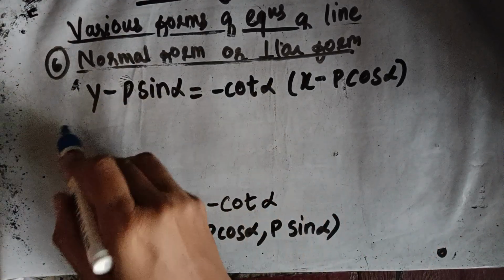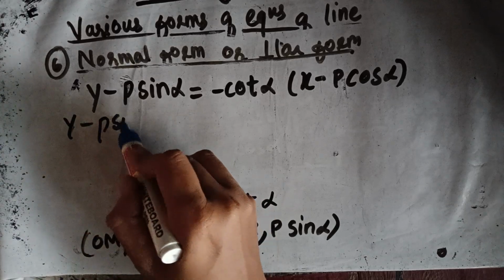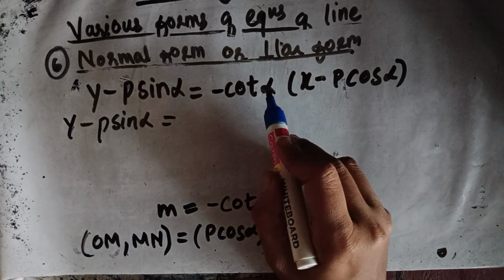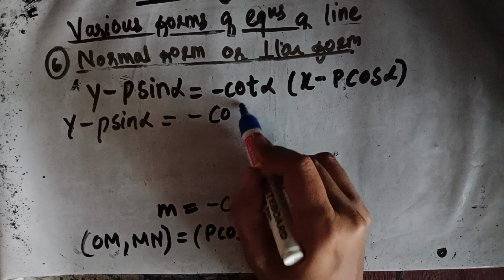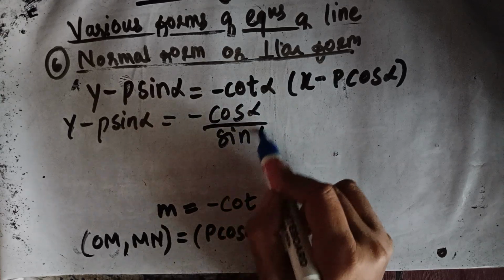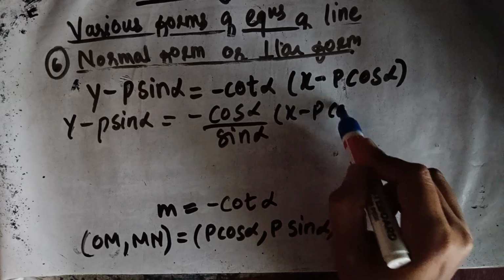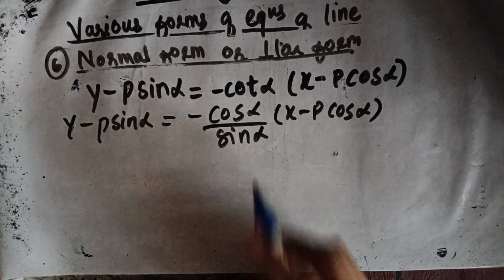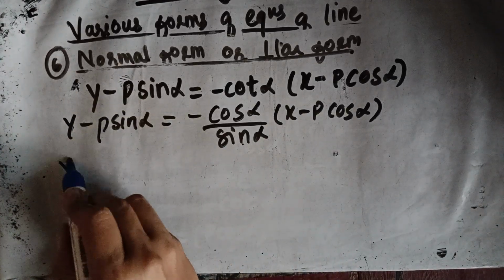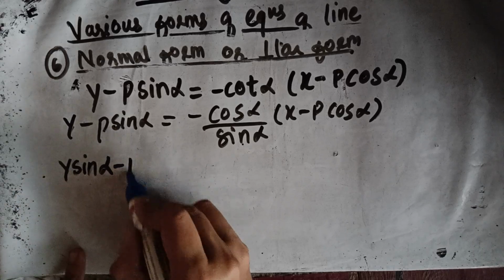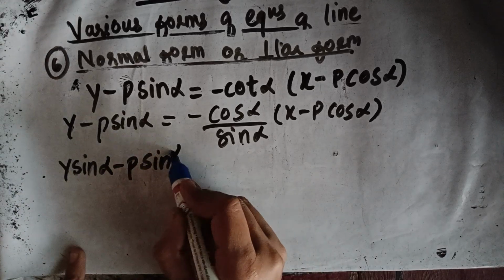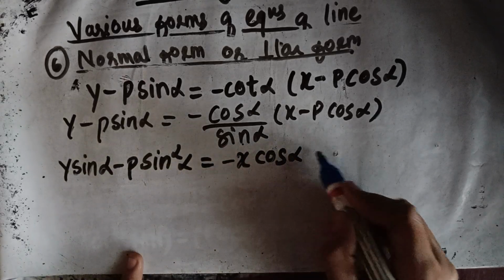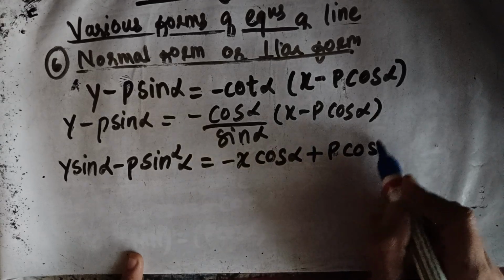So y minus p sin alpha equals minus cot alpha, which is cos alpha upon sin alpha, times the bracket. Multiplying, we get y sin alpha minus p sin square alpha equals minus x cos alpha plus p cos square alpha.